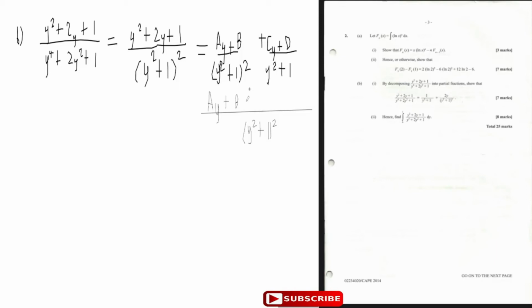Then plus, all of a sudden the writing is so much smaller. Then this into this is going to leave cy plus d being multiplied by y squared plus 1.